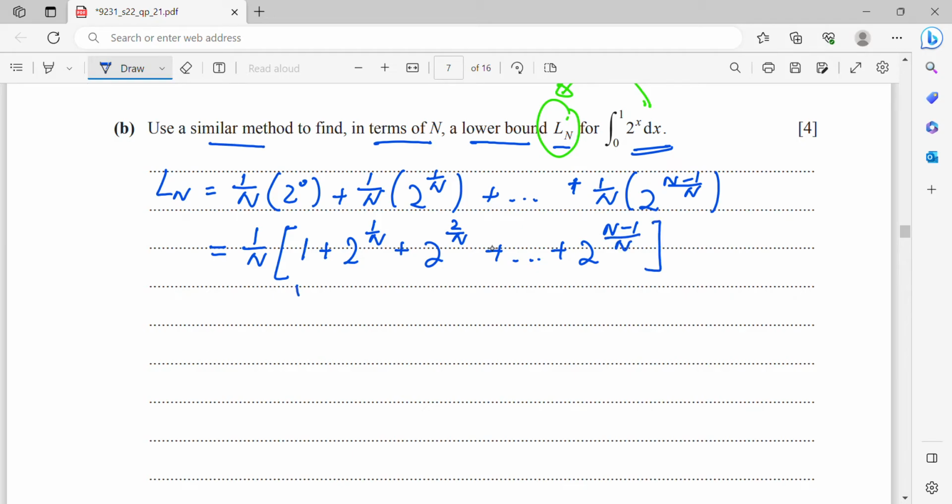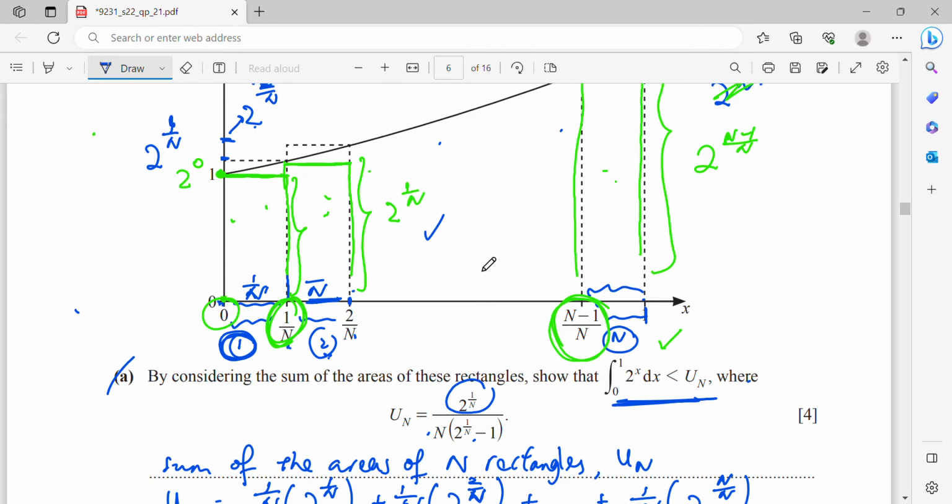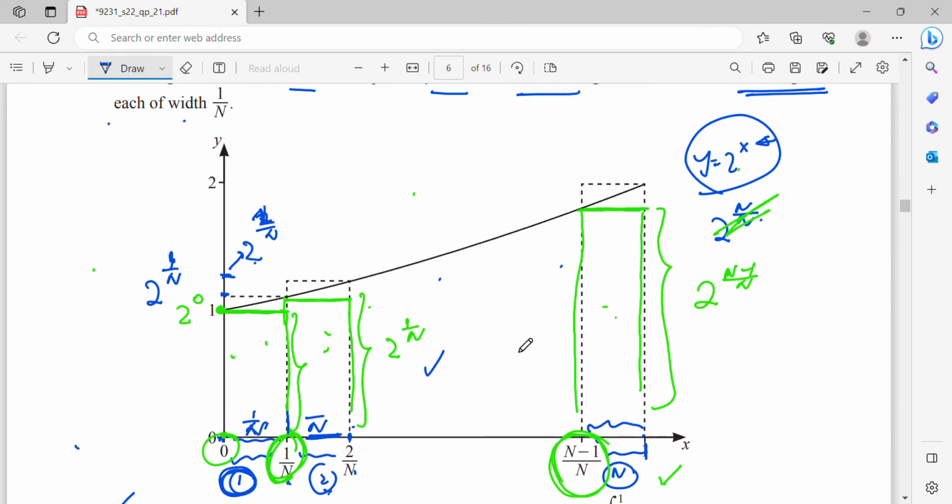Okay, and again, this is a geometric series. Your first term is 1. Now your r is 2 to the power 1 over n divided by 1, so it is 2 power 1 over n. And we still have n terms here because we still have n rectangles; the number of rectangles remains the same.